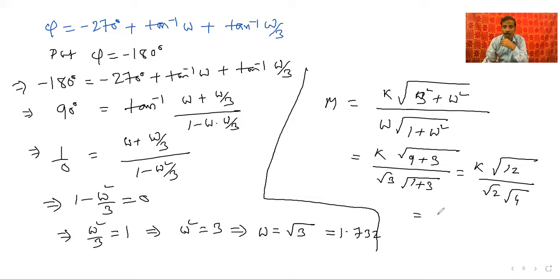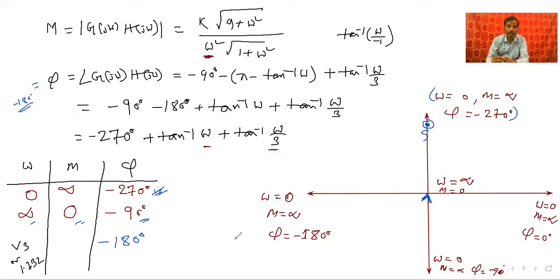So this is equivalent to K root 12 by root 12, which equals only K. So this is the very important point for the polar plot. So put here K, then plot the Nyquist polar plot.